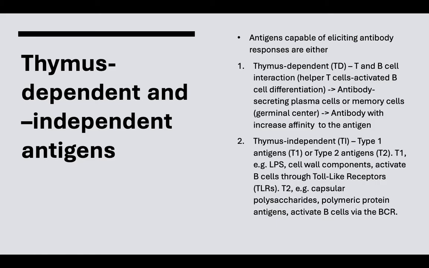A common characteristic of many T1 antigens is the presence of molecules that are repetitive in nature, no? Repetitive epitopes. Because of such a molecular signature, the response to these antigens will not require further T cell help.